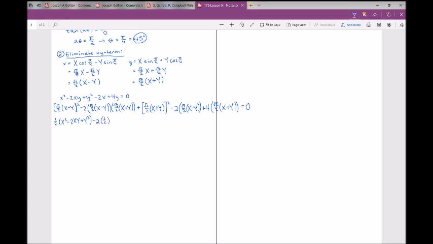And if we multiply (X minus Y) times (X plus Y), we have x squared minus y squared. Then for the squared y term, we get plus 1/2 times x squared plus 2xy plus y squared. And then if we do negative 2 times the x, we get negative root 2 times (X minus Y), and then plus 2 root 2 times (X plus Y) is equal to 0.